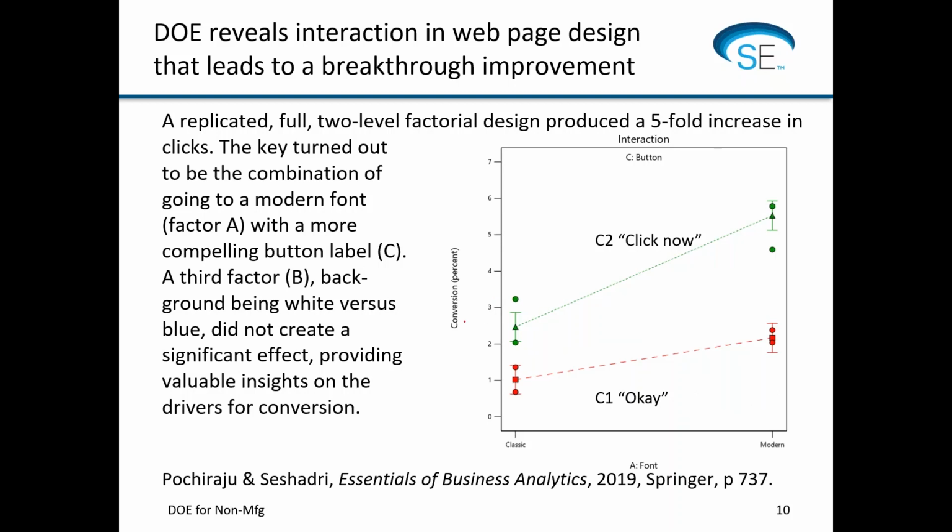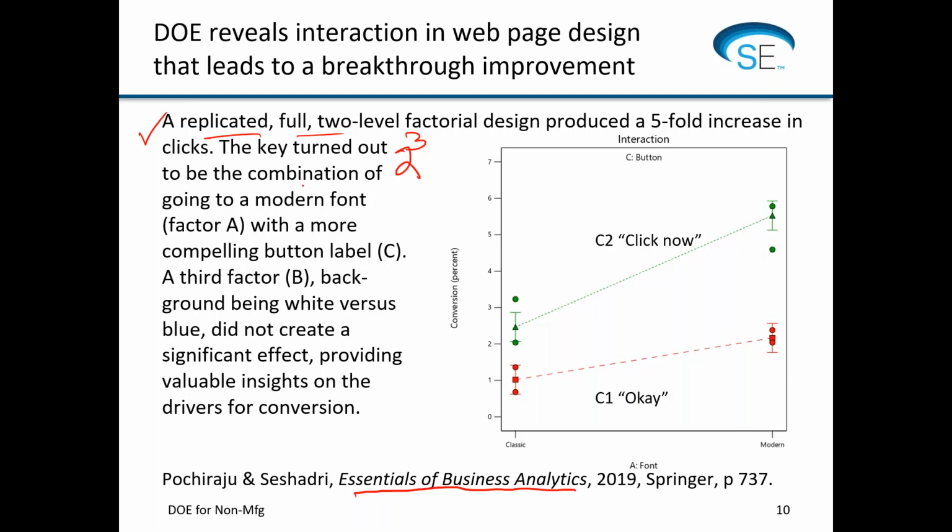But here's an example of what I was saying, that oftentimes it could be a multi-factor situation. You're going to lose out if you just do an A/B split. This is from a presentation in Essentials of Business Analytics that's referenced here. The marketing analyst did a replicated full 2-level factorial design. They had 3 factors, which is a fundamental 2-level design.